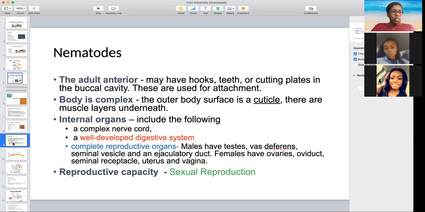Likewise, in the female, you see the ovaries, uterus, vagina, and oviduct. Reproduction is sexual, so these are not hermaphroditic organisms. It takes 2 mates for sexual reproduction to occur, which is what sexual reproduction is by definition.